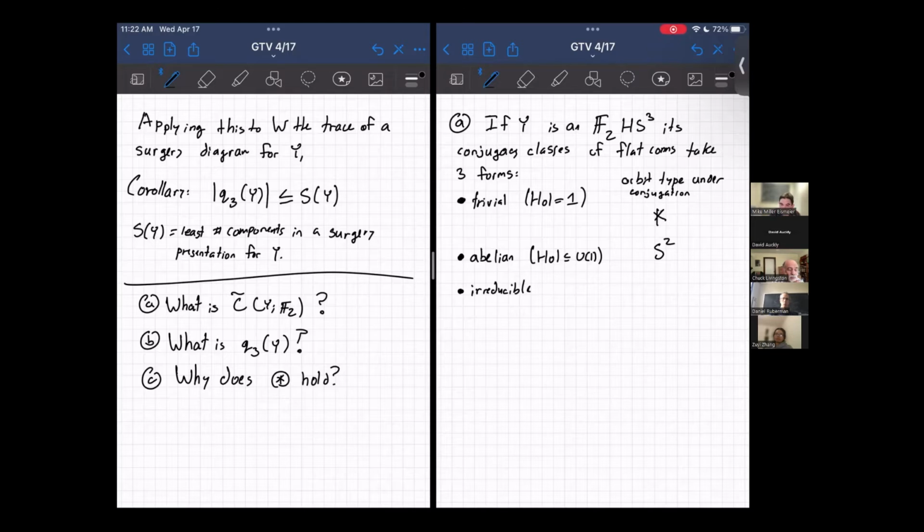And lastly, we have the ones that we're most used to thinking about in instanton Floer homology, the irreducible connections, whose holonomy is not contained in any circle subgroup. There, my orbit type ends up being SO3, arising from SU2 mod its center.